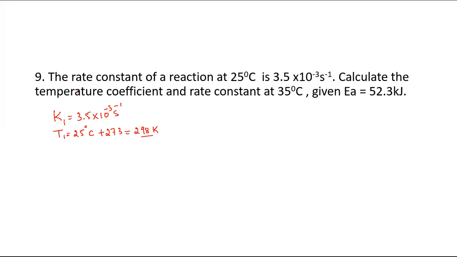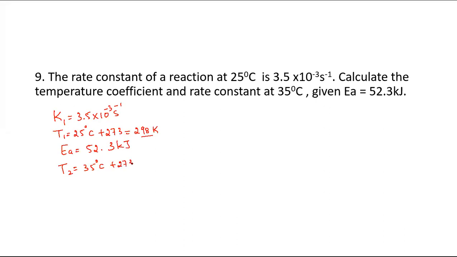Calculate the temperature coefficient and rate constant at 35 degrees Celsius. Given EA is equal to 52.3 kilojoules. So they have given the EA value. Until now we were calculating EA, but here they have asked something different. We need to find the temperature coefficient. T2 is also given, that is 35 degrees Celsius.